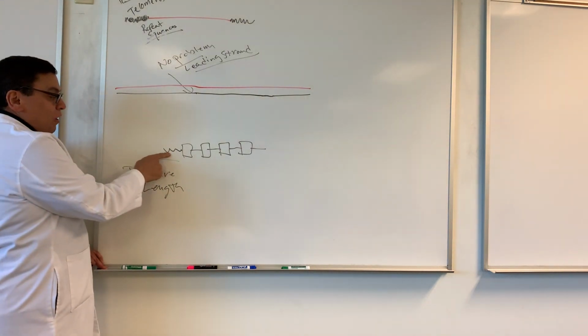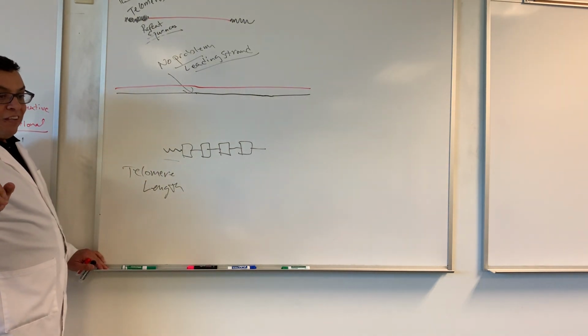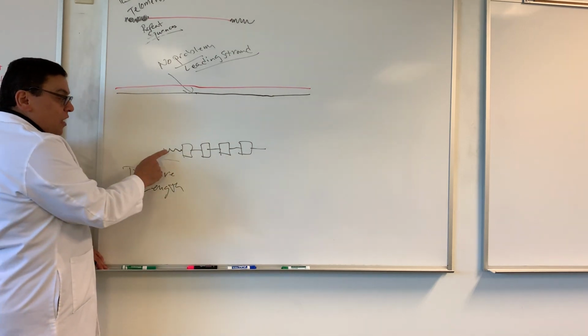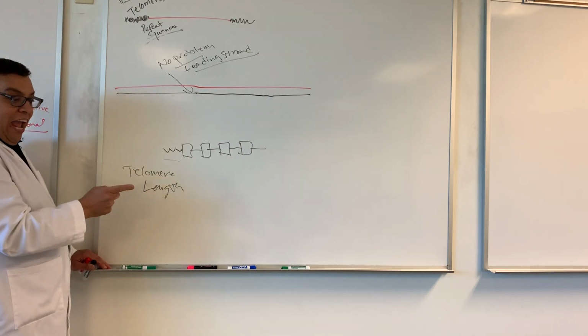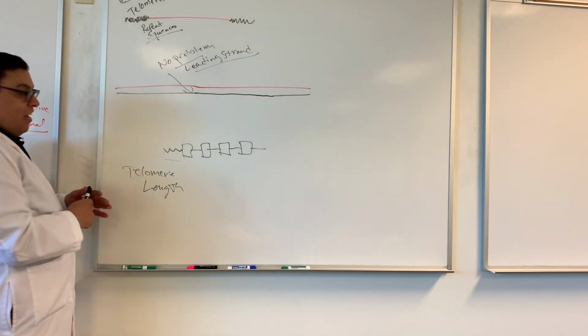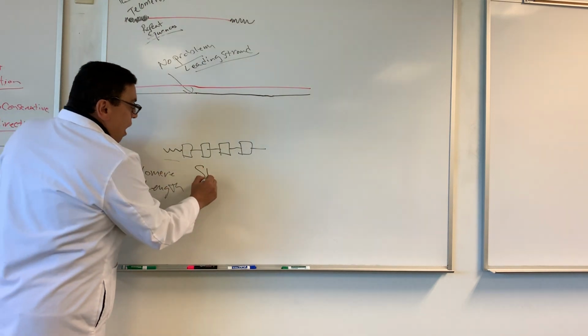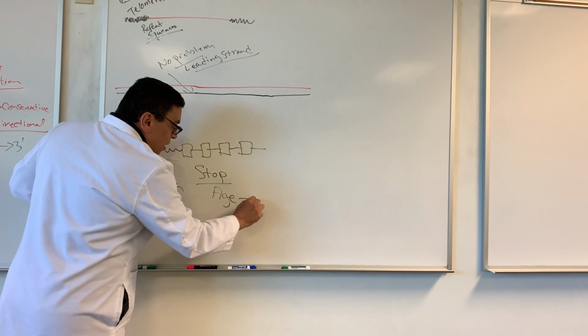The only time you're going to lose a lot of telomeres is if you've already approached the upper limits. Then, once you get to a certain length of telomere, it programs the cell to age and die. Do not multiply again. It tells the cell, stop multiplying. Just age and die.